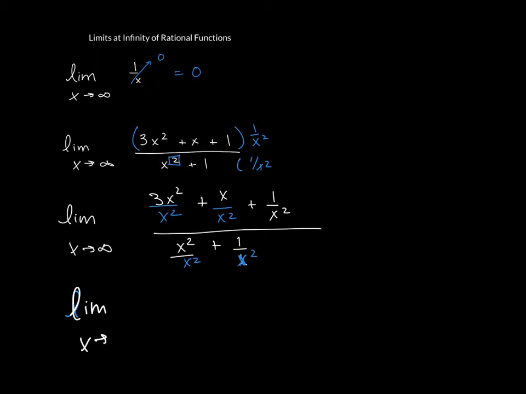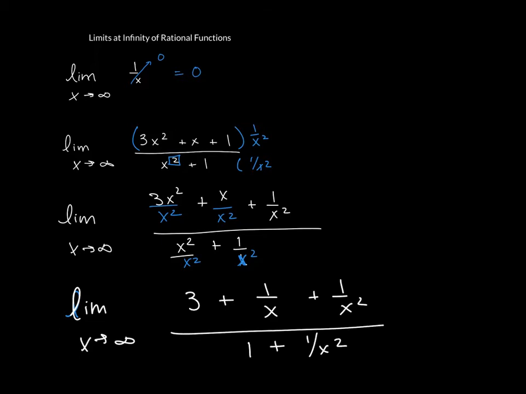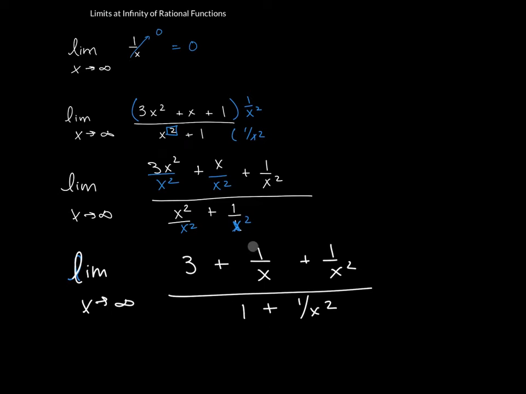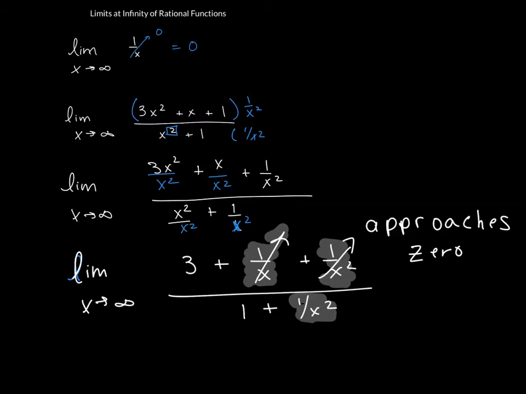And now I'm left with the limit as x approaches infinity of 3 plus 1 over x plus 1 over x squared all over 1 plus 1 over x squared. Now, what happens here is 1 over x, 1 over x squared, and 1 over x squared, all of those, as x gets very, very large, approach 0.